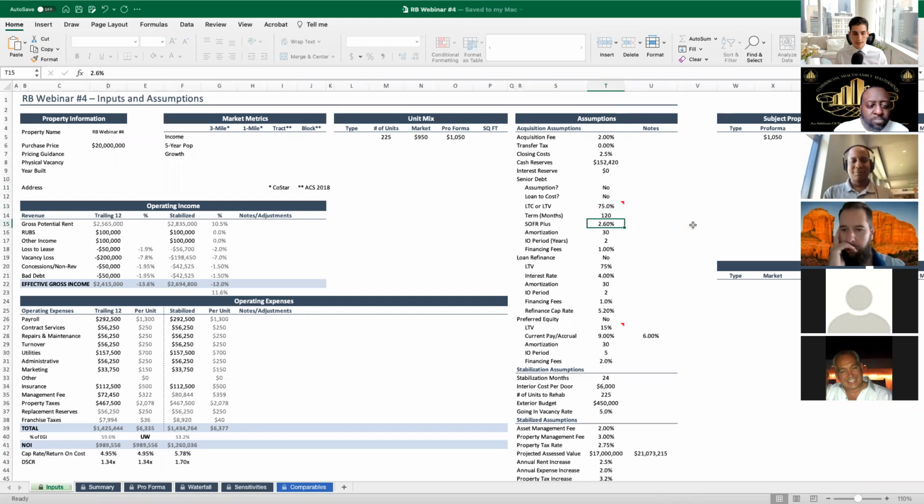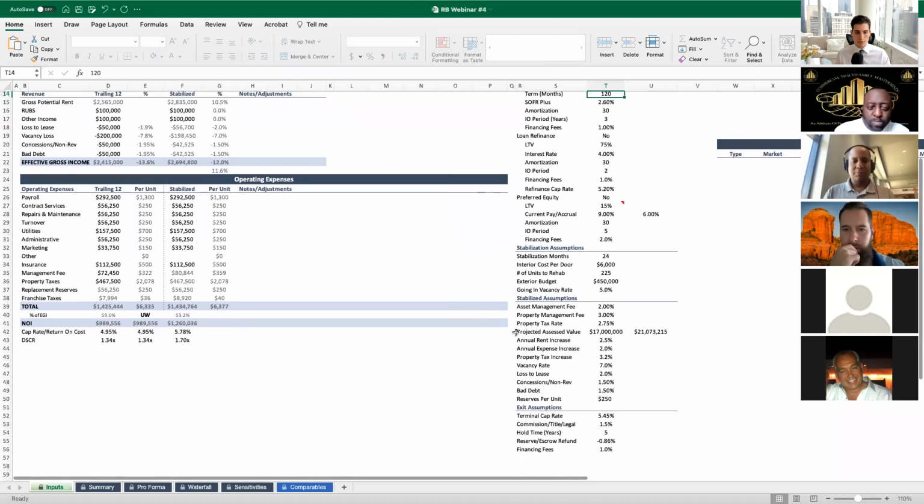The loan is floating, so it's a SOFR based loan, which is the index rate, and the spread is 2.6%. So the all-in interest rate on this debt is SOFR plus 2.6%. Today, SOFR is nearly 0%, so a 2.61% all-in rate would be where we're at. I'm going to adjust the IO to 3 years, and everything else is pretty straightforward.